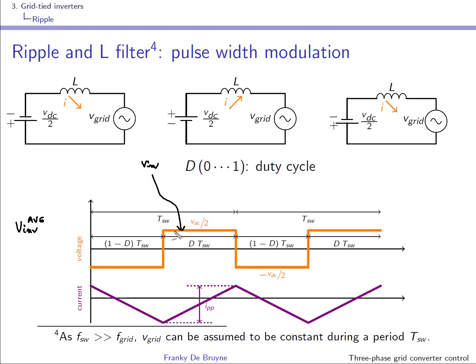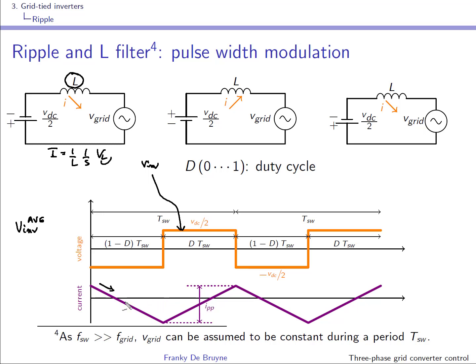Well, this waveform that you have here will also decide on the current. You remember that the current is 1 over L, and then you have an integrating effect, and this V here is the voltage that you see on your inductor. When the bottom transistor is going to conduct, this voltage is going to be negative and the current will drop over here. When the top transistor is conducting, this voltage will be positive, and due to the integrating effect, the current will increase.